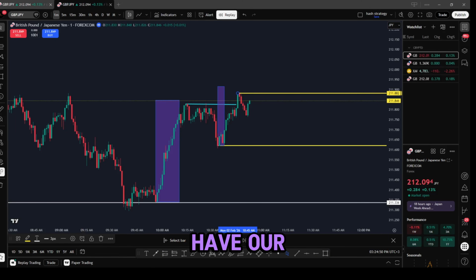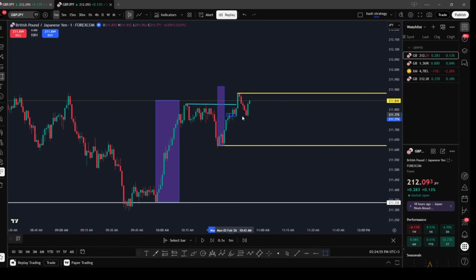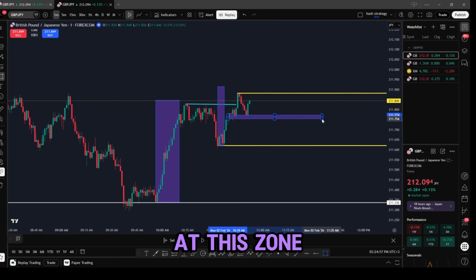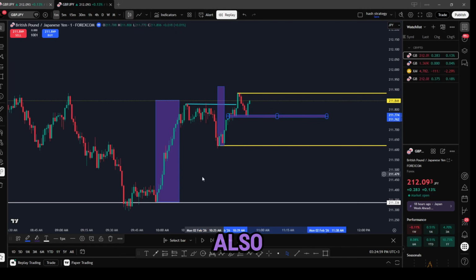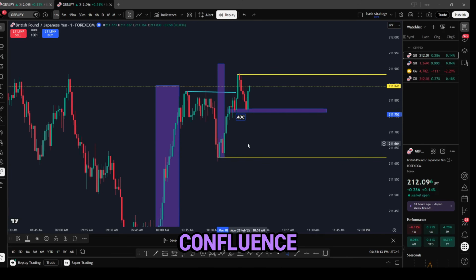So we shall have our area of confluence at this zone here, which is also our AOC. So that is our area of confluence. So what am I waiting to see at that area of confluence?